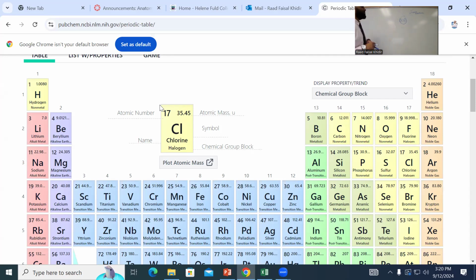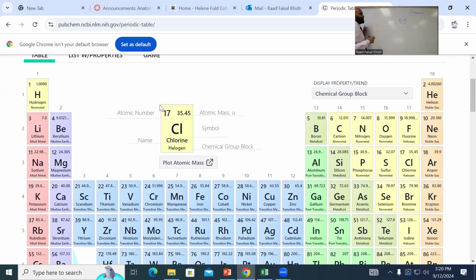This neutral atom has protons, neutrons, and remember that the protons are positive, neutrons have no charge. That's why they call them neutrons, because they are neutral. And then you have electrons that are negatively charged.